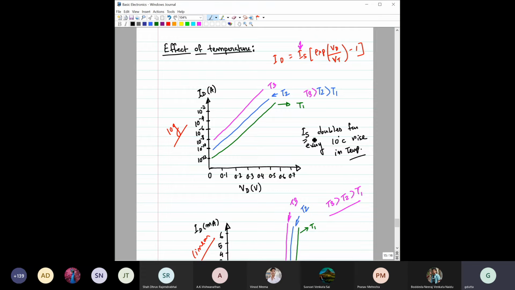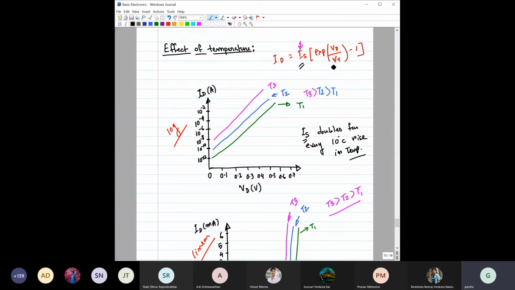This IS doubles for every 10 degrees centigrade rise in temperature. So as the temperature is increasing, this IS value would increase quite drastically, and that will influence the total value of ID, because this thing is being multiplied by the total exponential term.